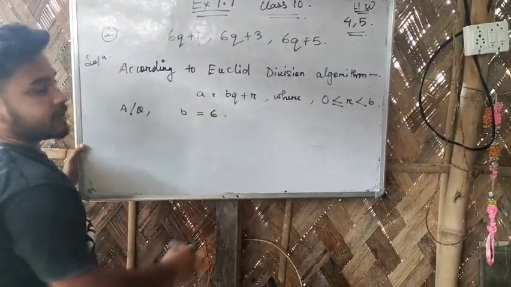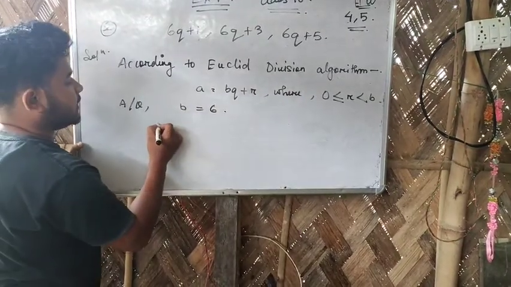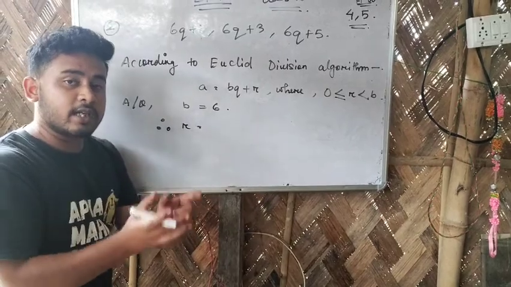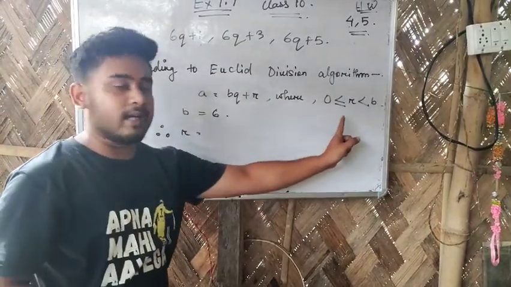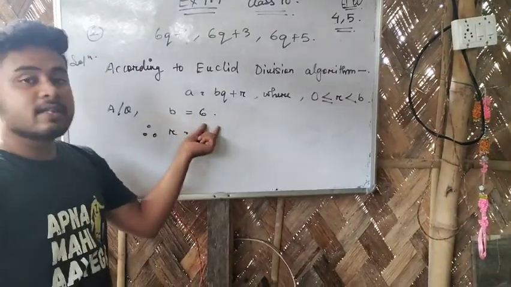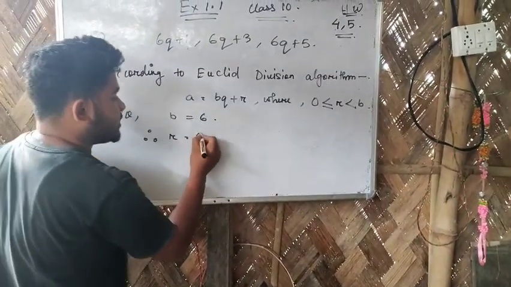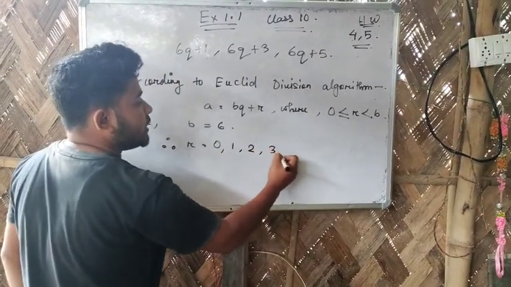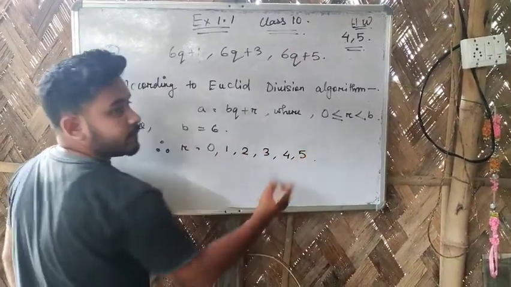If B is equal to 6, then what can be the value of R? R can be greater than or equal to 0, but must always be less than B, and B is 6. So R can be 0, 1, 2, 3, 4 and 5.